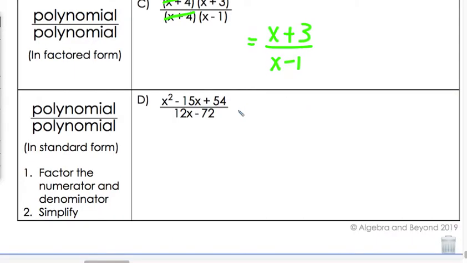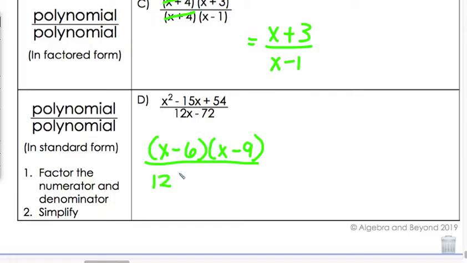Now we're doing a polynomial divided by a polynomial when both are in standard form. So we do have to do some steps. We need to put both the numerator and the denominator in factored form, and then we can simplify. So I'm going to rewrite the numerator in factored form as x minus 6 times x minus 9, divided by, I factor out a 12, 12 times the quantity x minus 6.